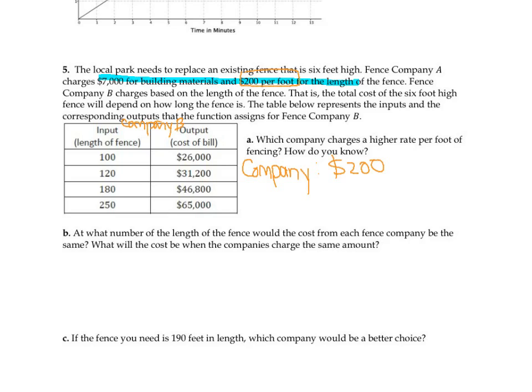So we know Company A's rate is $200 per foot, which is our m. Now we have to figure out Company B's rate. To figure that out, we can use the idea of direct variation, where we can find the y over the x value to find the rate.